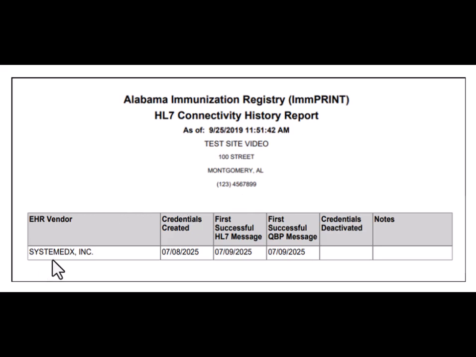The connectivity report displays the EHR vendor, the date the HL7 credentials were created, the date the first HL7 message was sent, and if applicable, the date the first bidirectional message was sent.